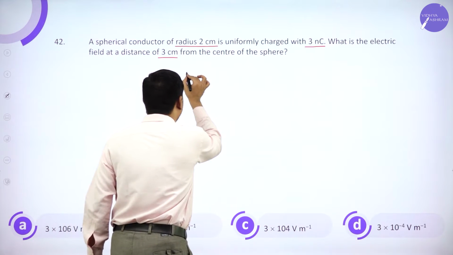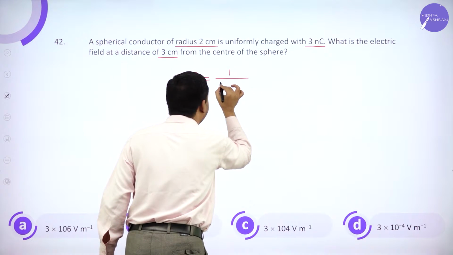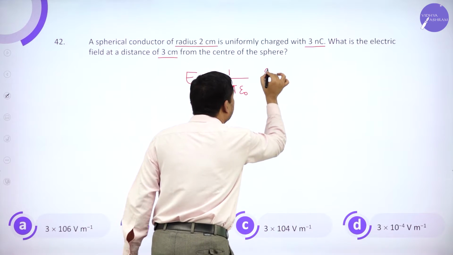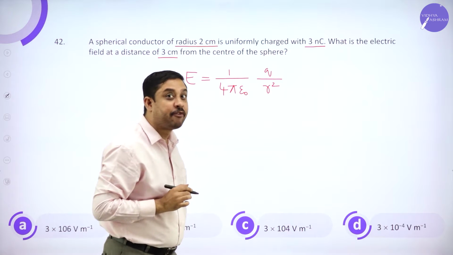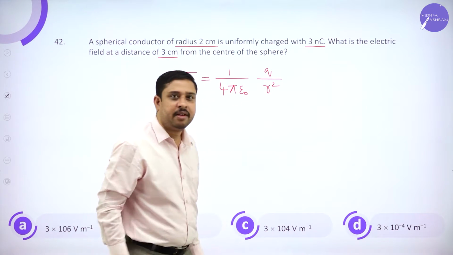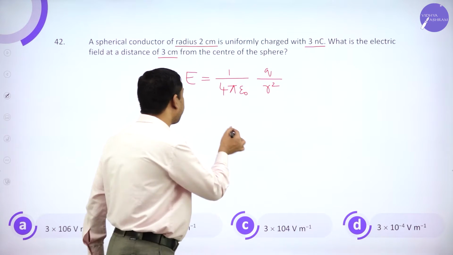So all of us know electric field is 1/4 pi epsilon naught q by r square. Careful ಆಗಿರಬೇಕು. Potential ಅಂದ್ರೆ q by r, field ಅಂದ್ರೆ q by r square.